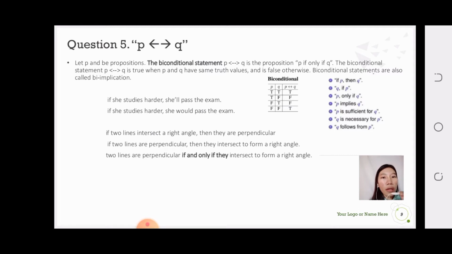So, in the last, two lines are perpendicular if and only if they intersect to form a right angle. So, we have used this already, no?